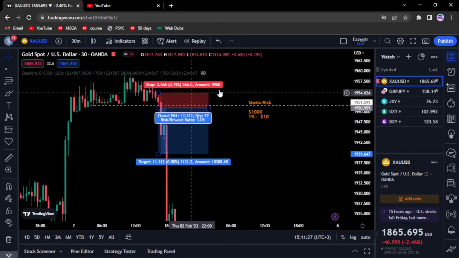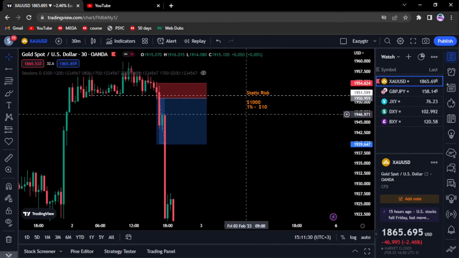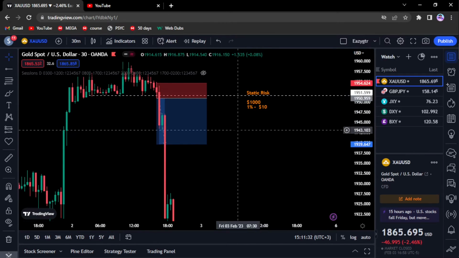So let's go over dynamic risk, and this is where you break down your trades into smaller and smaller trades. And one thing I want to tell you is that you should always be okay with how much money you're going to lose.